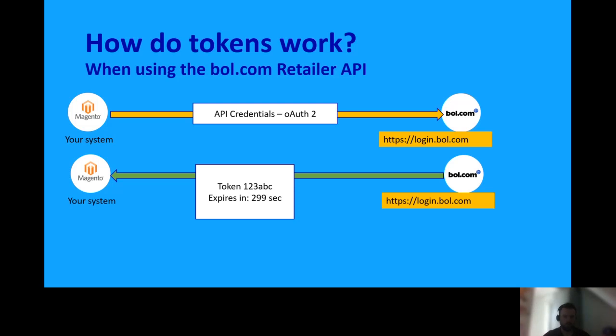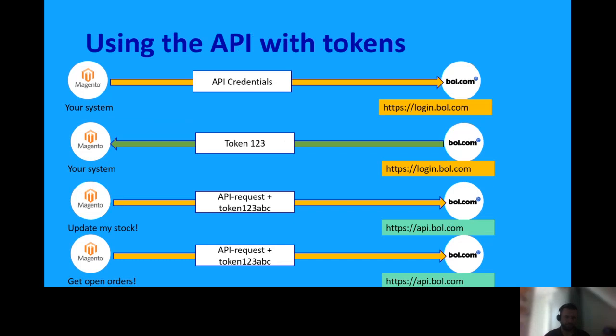So a normal process would look a little bit like this. Your system, like Magento in this example, connects to the login server with its API credentials and gets the token back. For every following request to the API, so api.bol.com, you use this token that you got in the first place and attach it to the API call that you want to make.